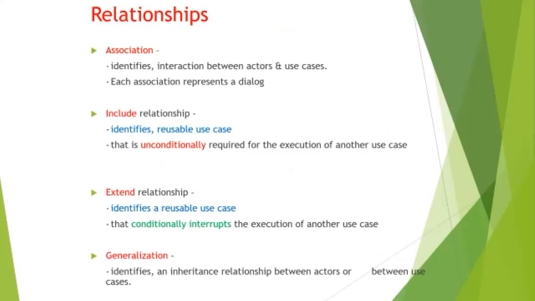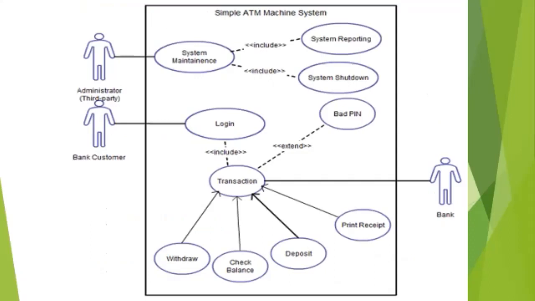Extend relationship identifies a reusable use case that conditionally interrupts the execution of another use case. Generalization identifies an inheritance relationship between actors or between use cases.